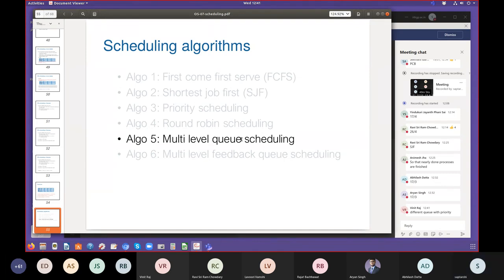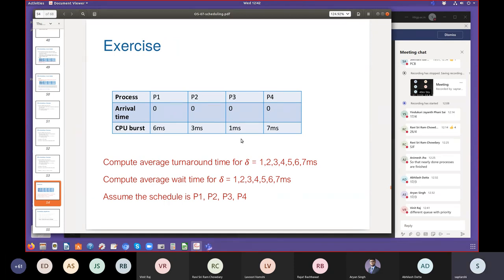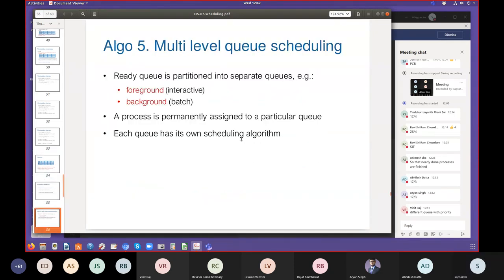So here, with multi-level queue, essentially the ready queue is partitioned into separate queues. Till now the ready queue was just one, but now we consider it partitioned into separate queues.